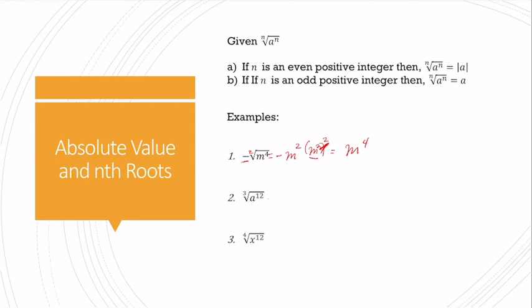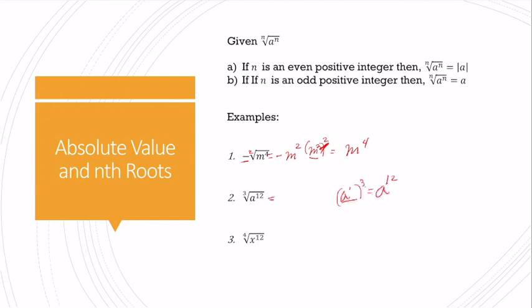Keep that in mind. Now, if I have a to the 12th, and I'm looking for the cube root of that, I'm wondering what cubed is going to equal a to the 12th. So what times 3 is 12? 4. A to the 4th. 12 divided by 3 is 4.